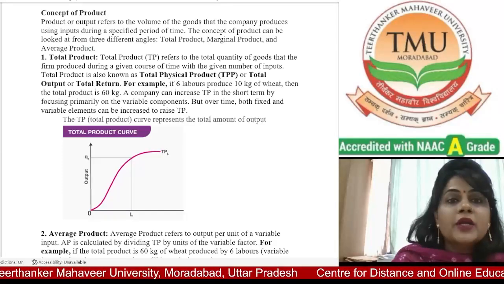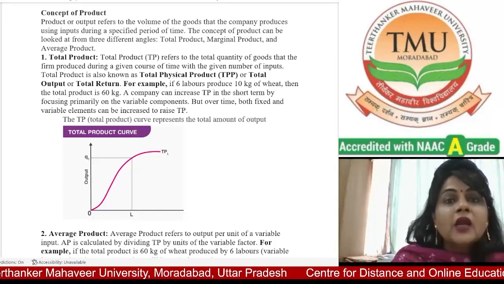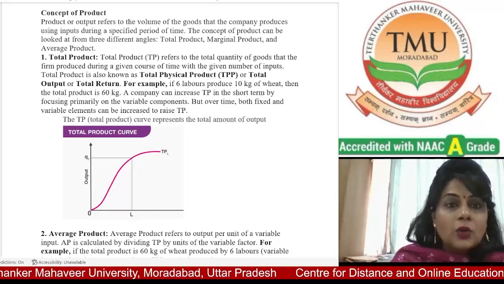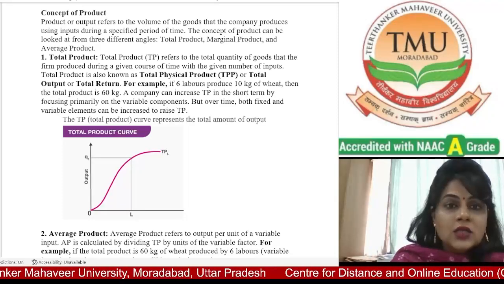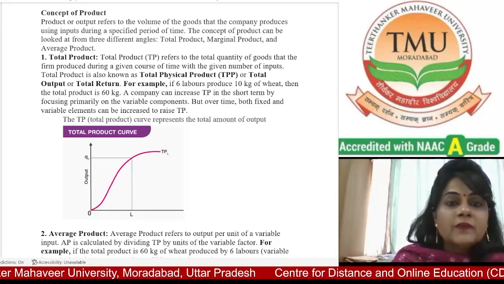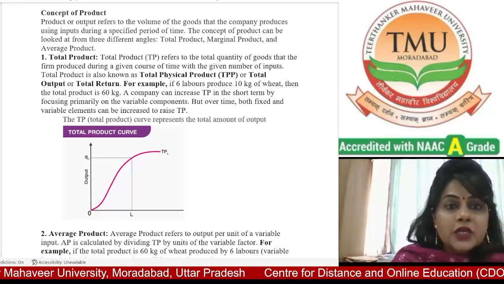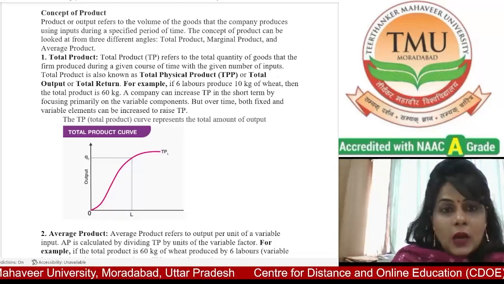The total production curve represents the total amount of output. You can see in the curve here that the total production curve is going upward.